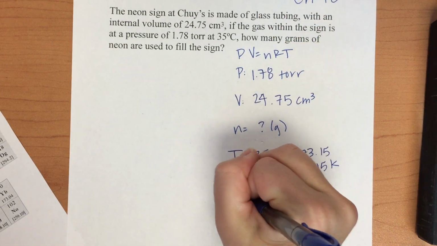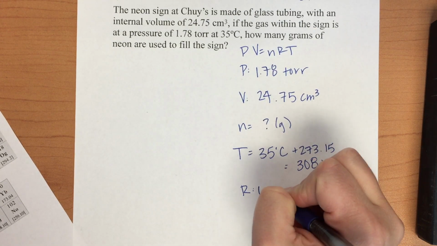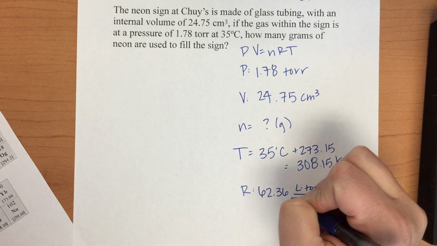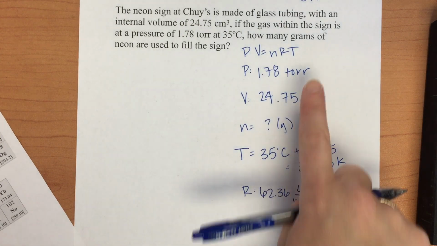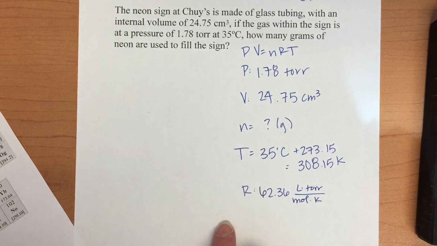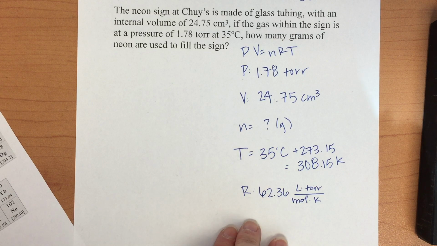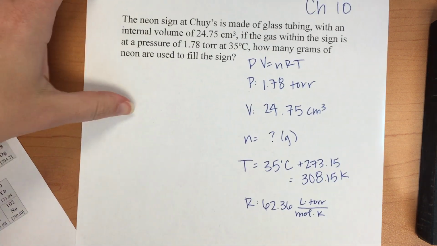The R value that I am going to use today is 62.36 liters times torr per mole Kelvin. So we can use this Kelvin, this torr, but the volume needs to go into liters. Now, there are other R values. You could have easily used any one of those and made different conversions in order to solve this question. You should always get the same grams.